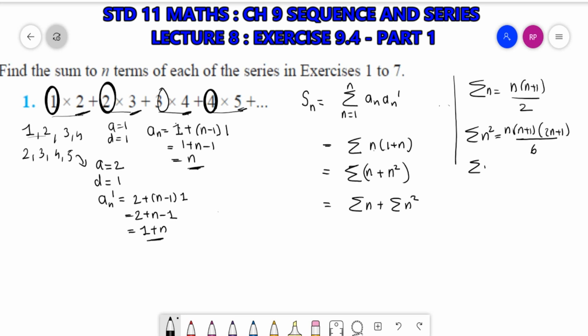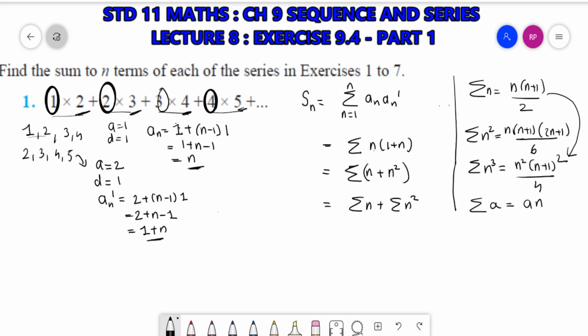And the formula for summation of n cube is equal to n square into n plus 1 whole square upon 4, means the square of summation of n will give summation of n cube. And one more thing, if there is a constant like summation of a, then it will be equal to an. Okay, means if you are adding a, n times, then it will be an.